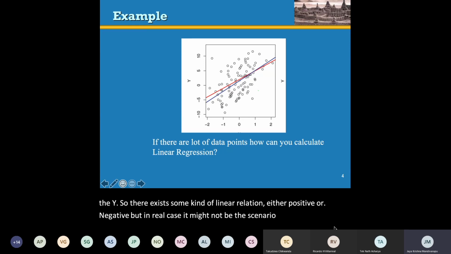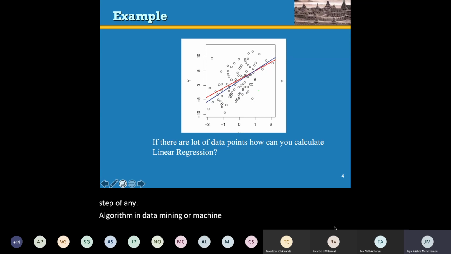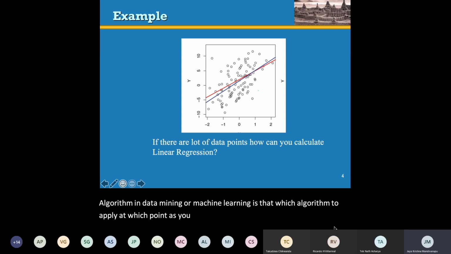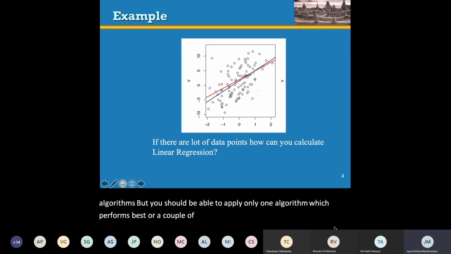So that's the first step of any algorithm in data mining or machine learning: which algorithm to apply at which point. You have a box with a lot of algorithms, but you should be able to apply only one algorithm which performs best, or a couple of them, and figure out which one does well for you.